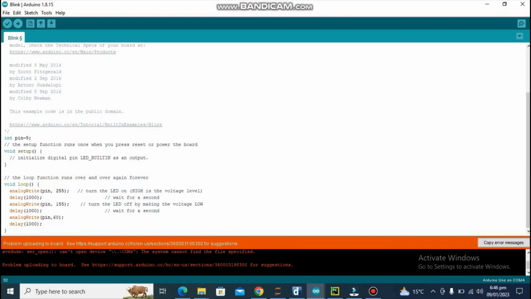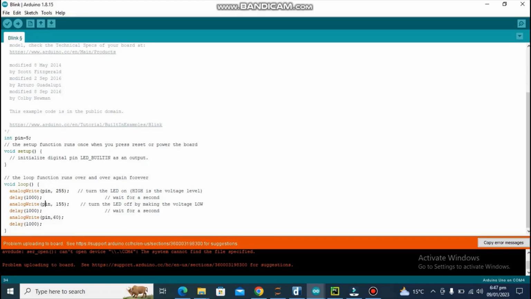So here when I have written 255, and when this program executes, 5 volts will be present on the pin number 5. After this, we use a delay of 1 second. So the pin will turn on for 1 second, giving a voltage of 5 volts.